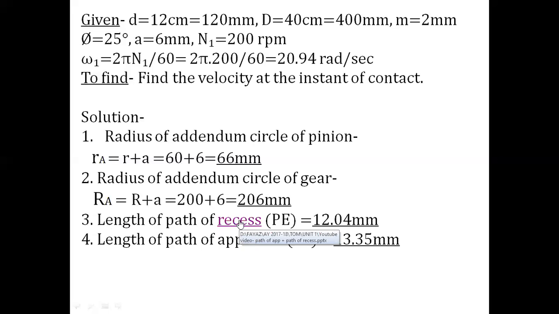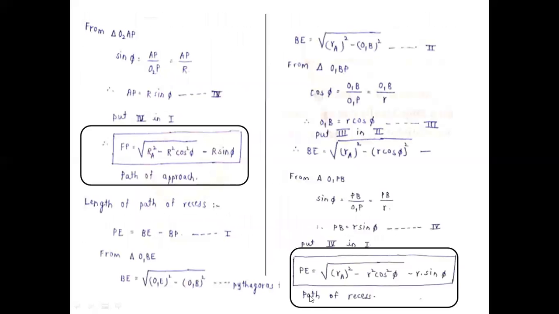Length of path of recess PE, as we discussed in the previous slide, by using the formula for length of path of contact. This is the formula as we discussed in the previous session: PE is equal to under root of small r a square minus r square cos square phi, minus r sin phi.